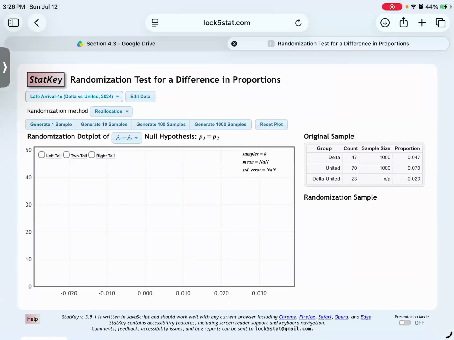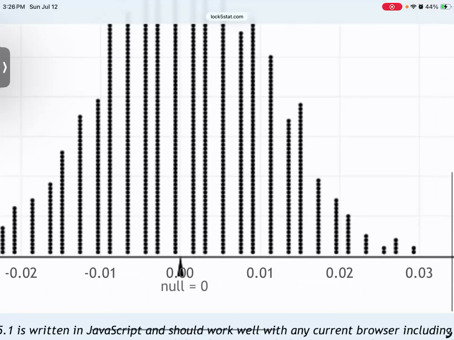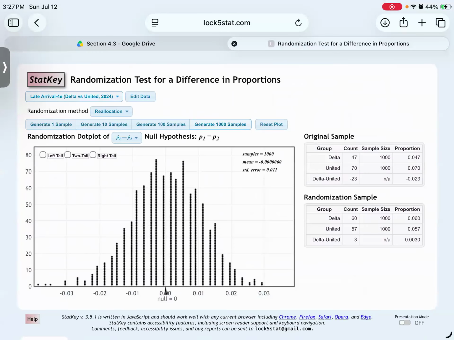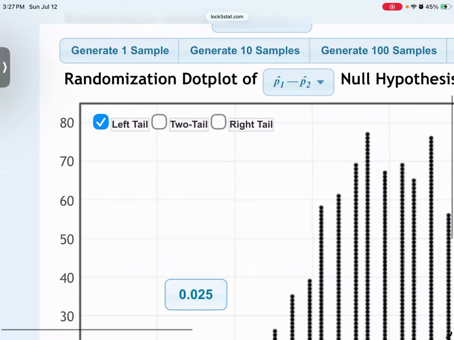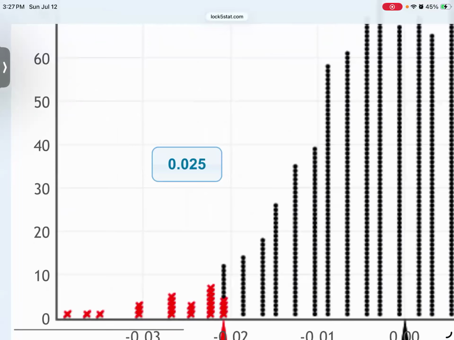You're going to start off by re-randomizing 1,000. Like, what else could have happened just by random chance? You can see the center is 0, which is saying that both airlines have the same amount of late arrivals, or that there's no difference. Then you're going to click on the left tail, because we're doing a less than test. And there's that default p-value.